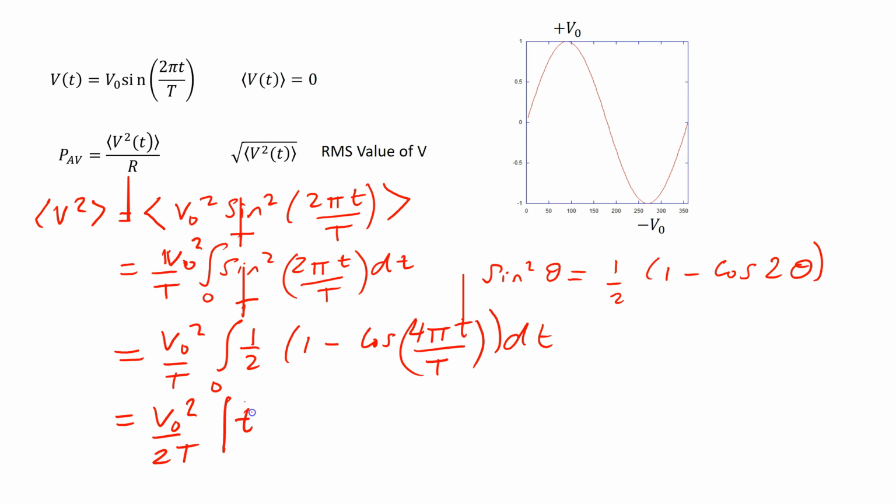And the first term becomes simply t. Here we have to take the derivative of this term here with respect to t and invert it because we're integrating with respect to t and not the argument of the cosine. And so that becomes then, and cosine goes to sine.